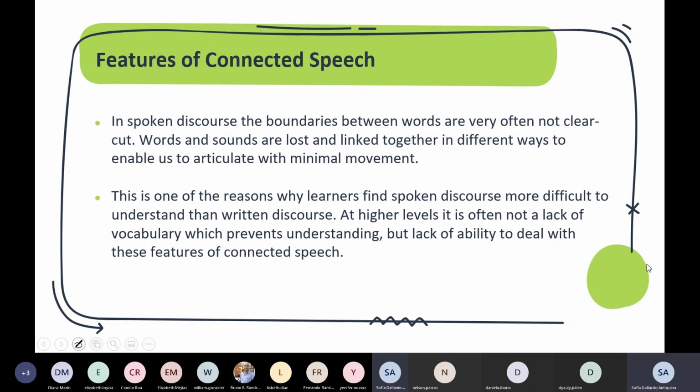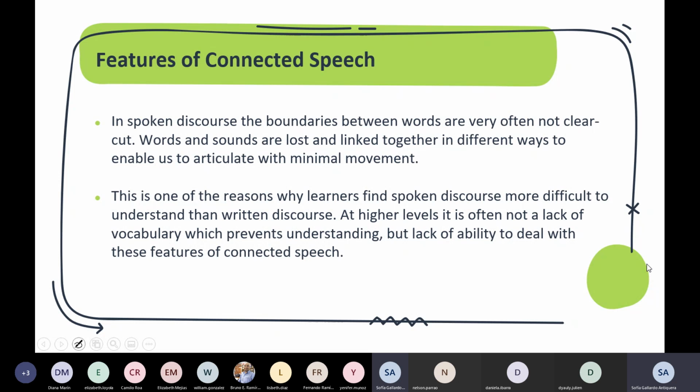There are students that have really good English, or know a lot of vocabulary, but it's hard to understand them when they are speaking, and that is because they don't really use features of connected speech.